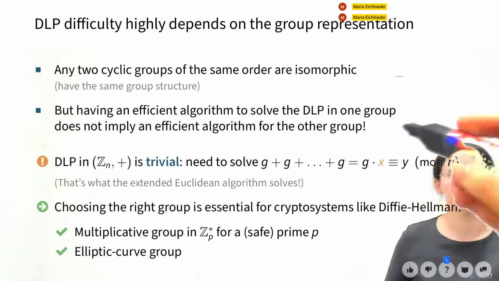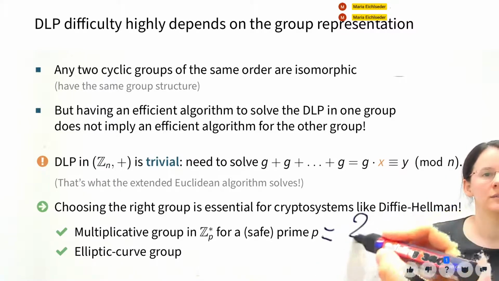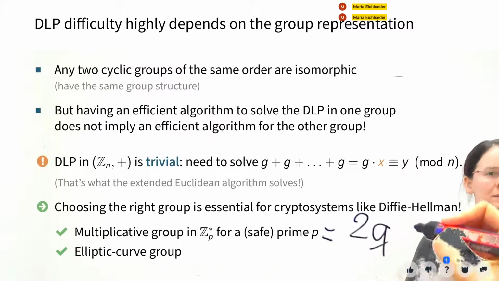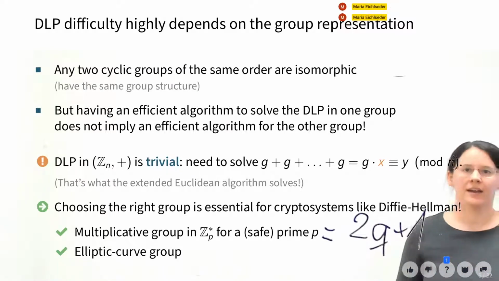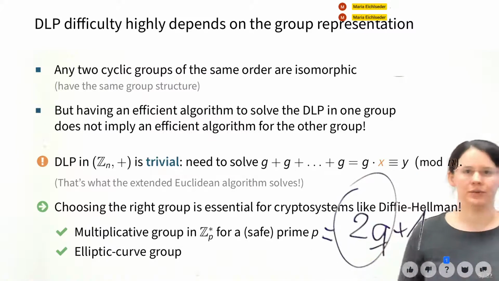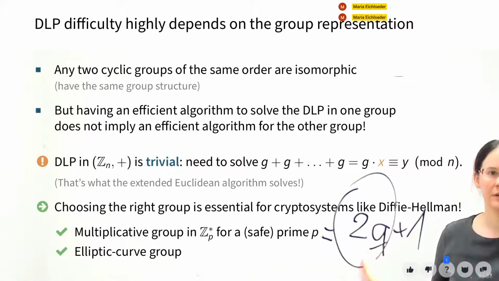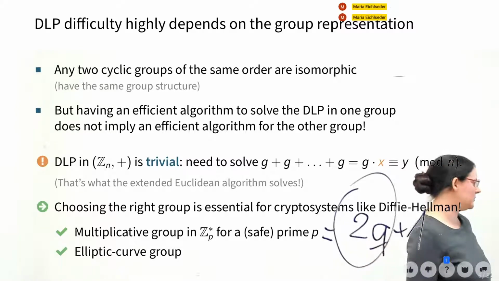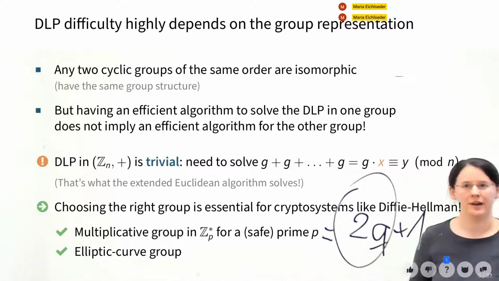This means that the number can be written as p equals 2 times some other prime value q plus 1. And this is because then the group order, which is 2q, has one very large factor, which makes most of the discrete log algorithms harder. So that's what a safe prime is.